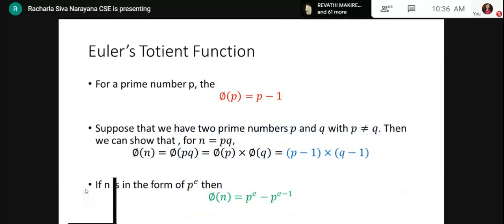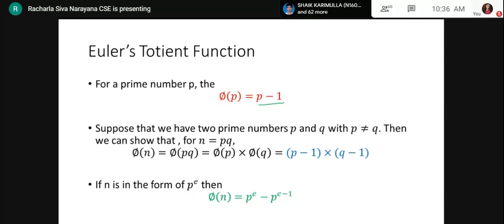So these are the shortcuts to find the Euler totient function. For a prime number p, if a number is prime, then we have p minus 1 relative prime numbers to that number.